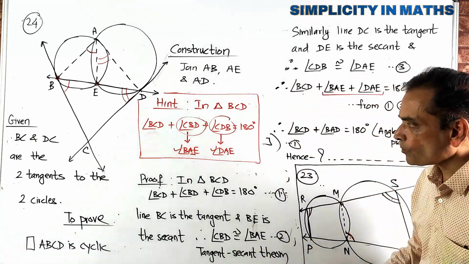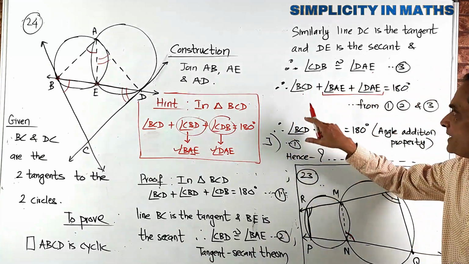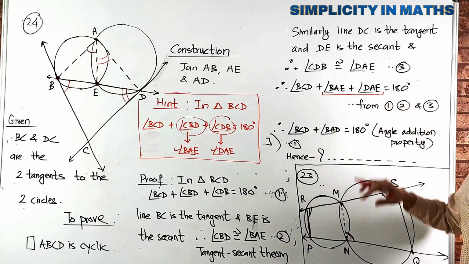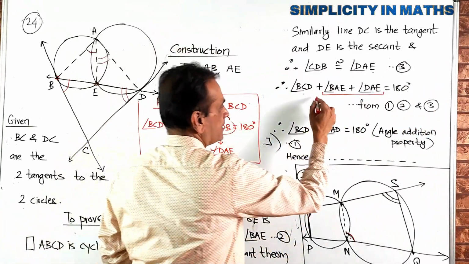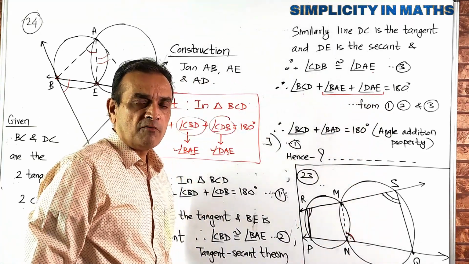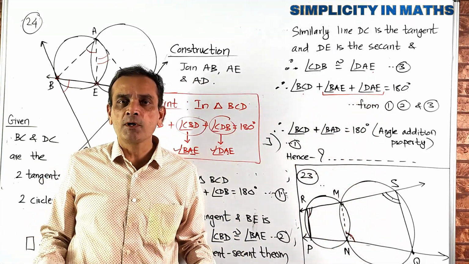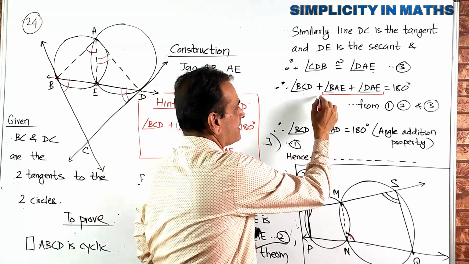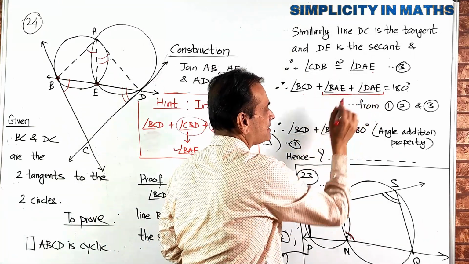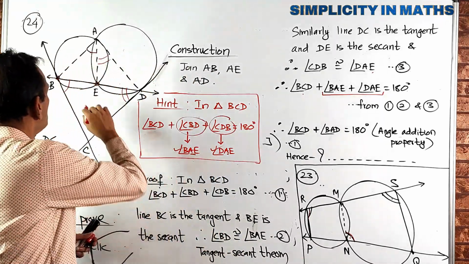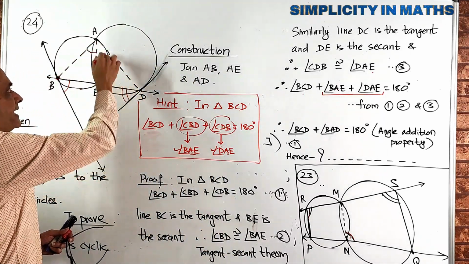So we have got this equation finally. Now what has happened in the last step? Look, why have I underlined this? Whenever I want to use the angle addition property, I will underline these two angles, because from the diagram I can add these two angles. Add both the angles, BAE and DAE.